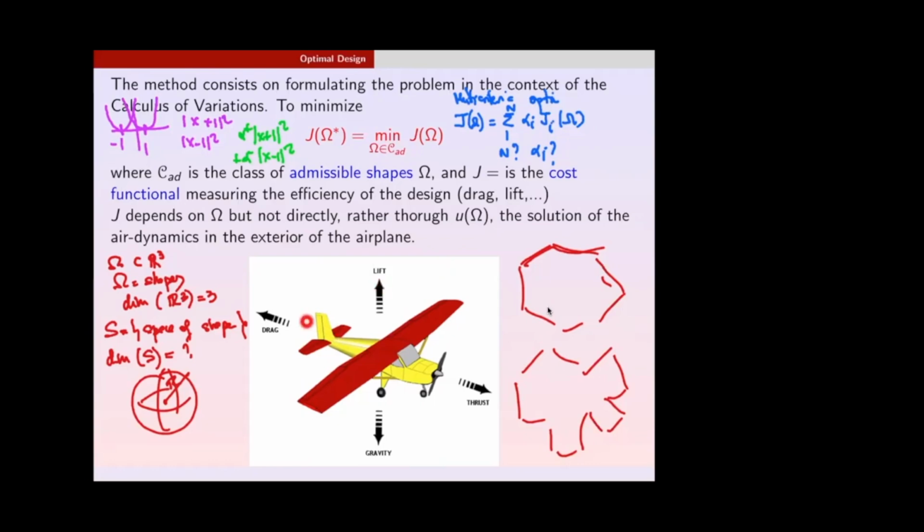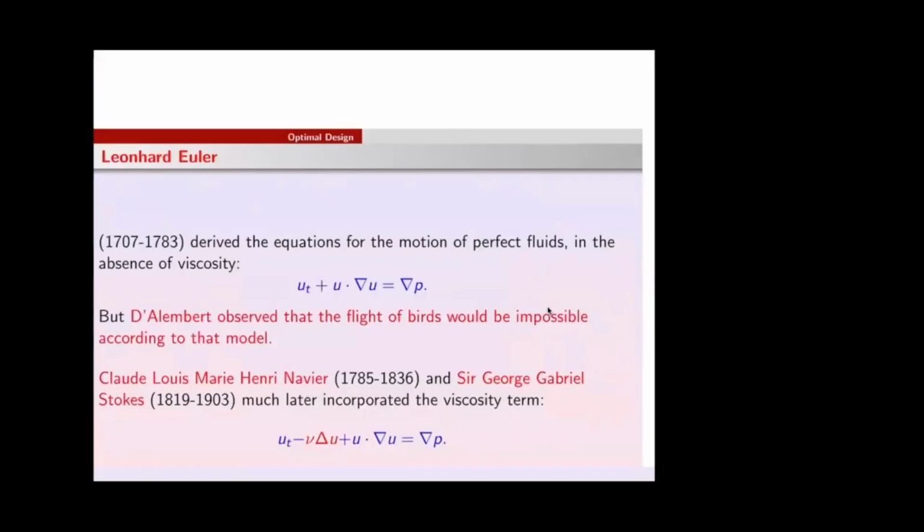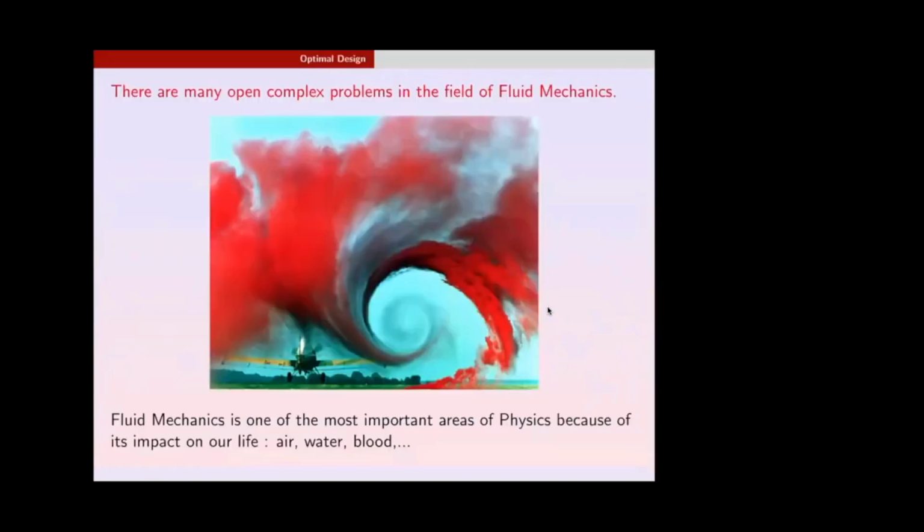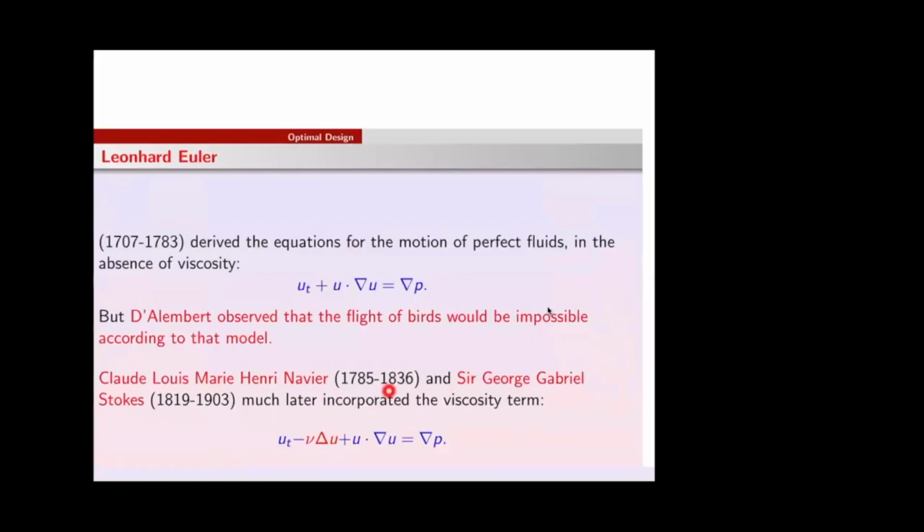Now when you see this, you say, well, this looks like a purely geometric problem. It's purely static. Where does dynamics appear? Where does control theory appear? Well, it appears because the models for continuum mechanics are given by the Euler and Navier-Stokes equations.